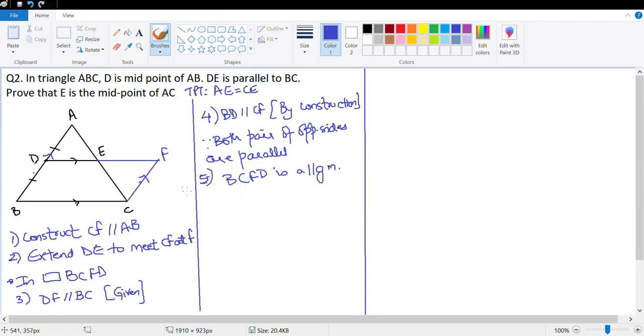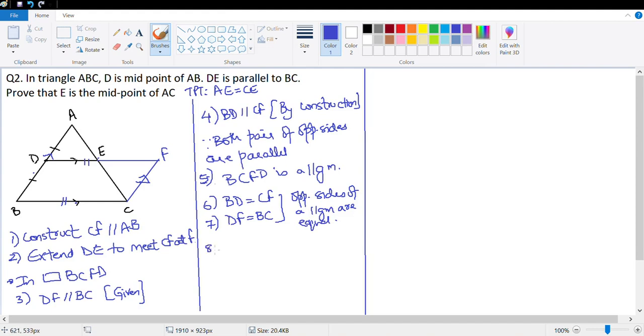So if BCFD is a parallelogram, it means that CF and BD are equal. It means that DF and BC are equal. Let's write this down. BD is equal to CF, and number 7 would be DF is equal to BC. Let's write this. Opposite sides of a parallelogram are equal.